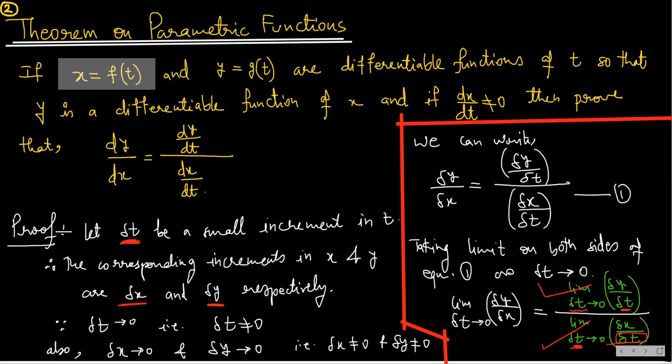So what I will do, I will try to make this delta t as delta x. And for this, I have a very simple explanation. I will write here, delta t tends to 0, we can write as delta t tends to 0, delta x tends to 0.